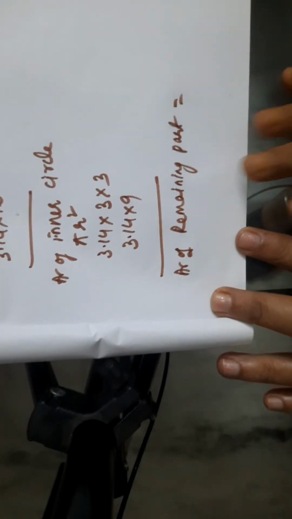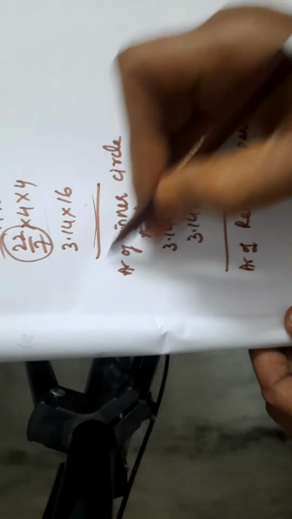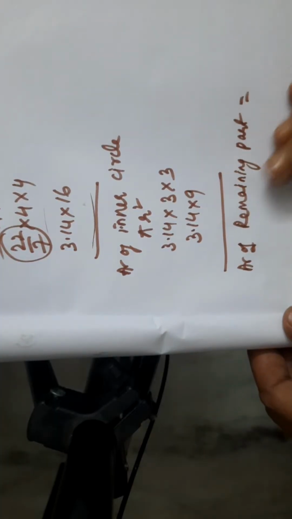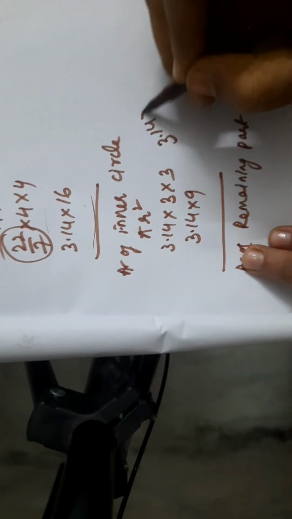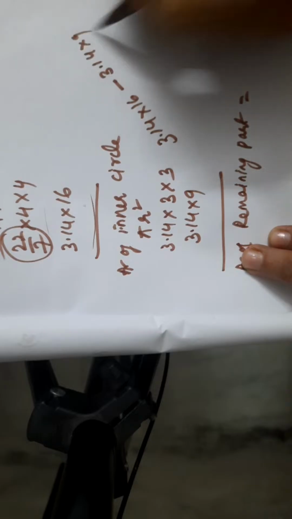See, here you must have some smart calculation. If you multiply such big numbers, it's a waste of time. How can you have a smart calculation here? You're subtracting both the answers: 3.14 multiplied by 16 minus 3.14 multiplied by 9.